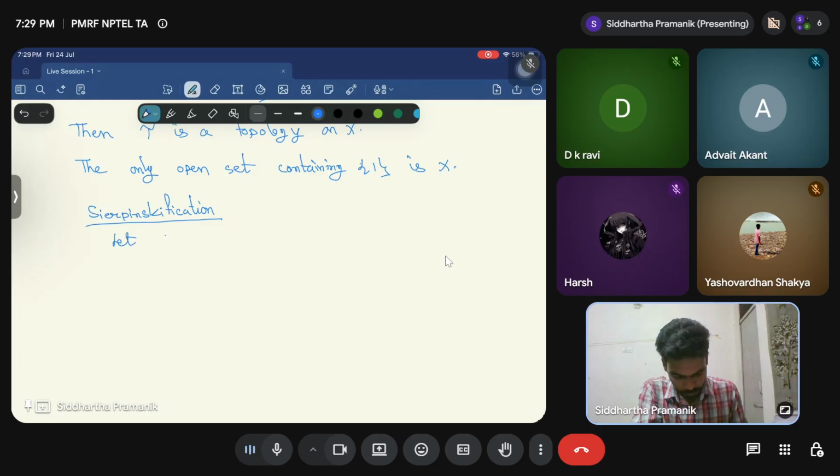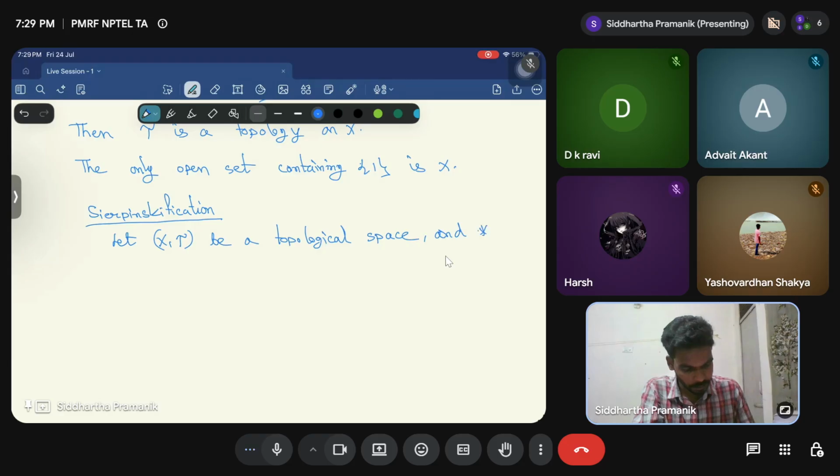So let (X, tau) be a topological space, and let star be a point disjoint from the elements of X.